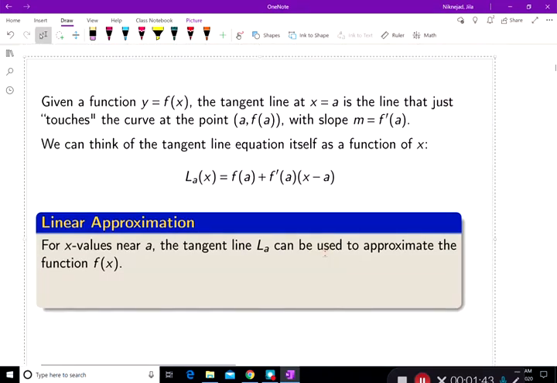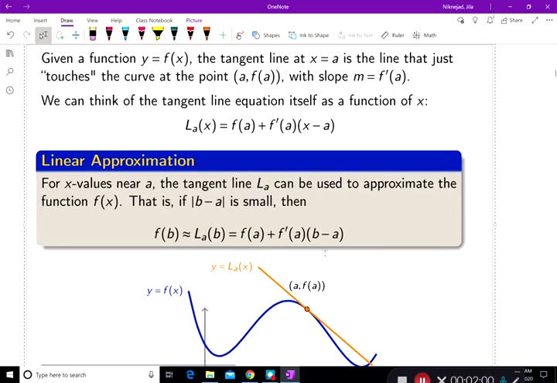So given a function y equal to f of x, for x values near a, the tangent line L sub a can be used to approximate the function f of x. And how does this work?